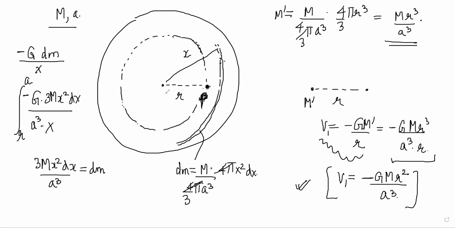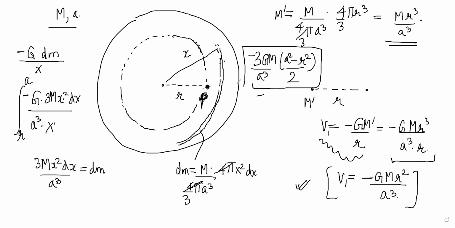You will take minus 3GM by a³ outside, and it is x dx. The integral of x dx is x²/2, and you'll get (a² minus r²)/2. This is the potential due to everything outside. Potential due to everything inside is this. Total potential at point P will be the sum of this plus this.